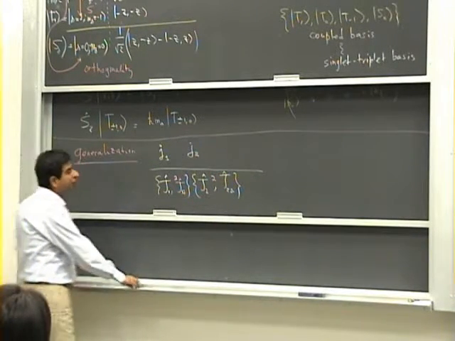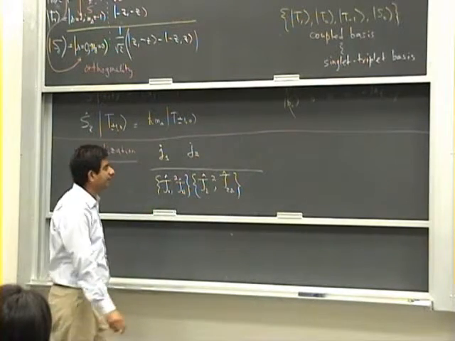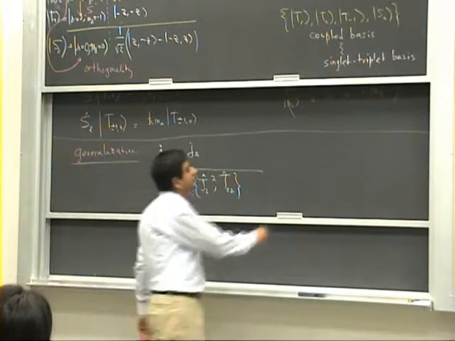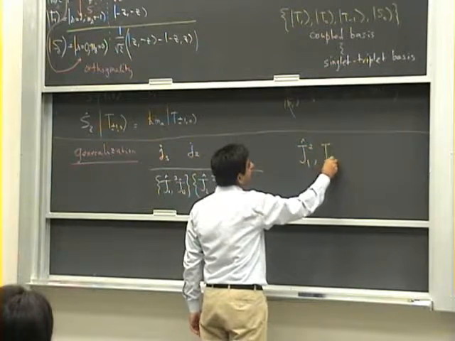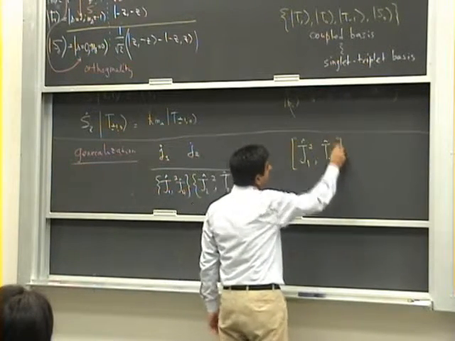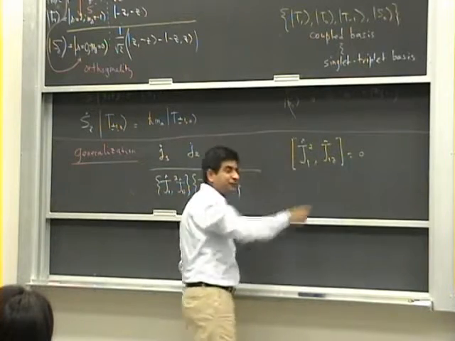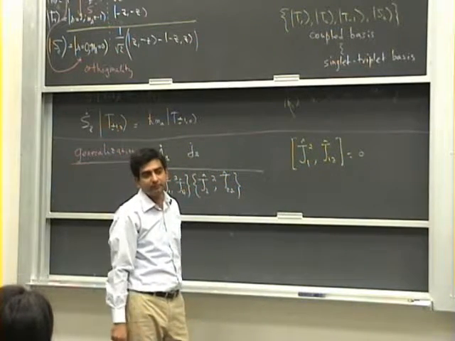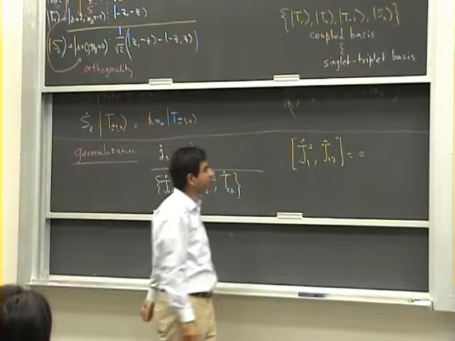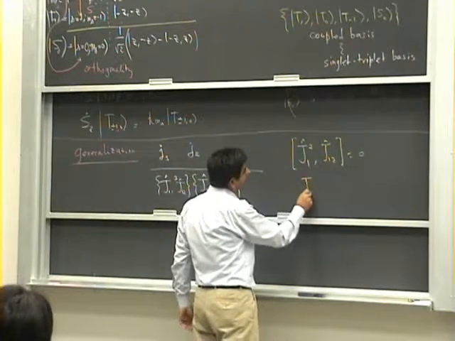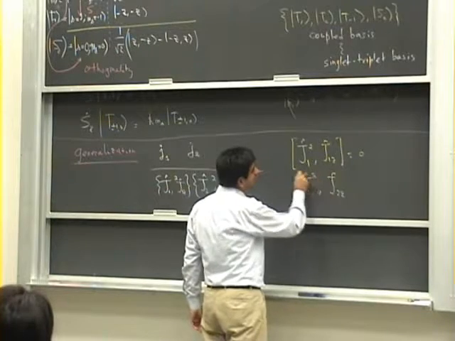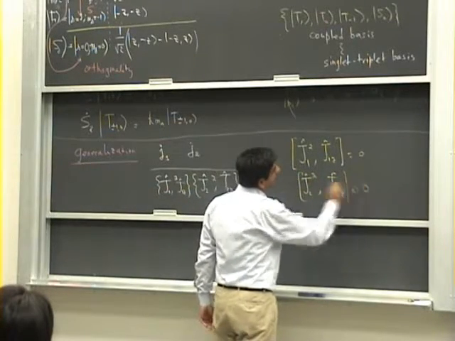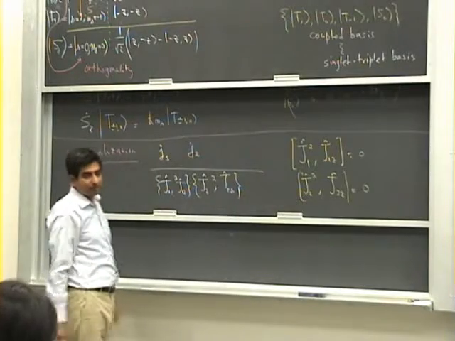And by virtue of these being angular momentum operators, I also know that J1 squared commutes with J1z. J1 squared commutes with actually any component of itself. Okay, this is what we learned in the previous course in quantum mechanics. Likewise, J2 squared commutes with J2z. Okay, these are properties of angular momentum operators.